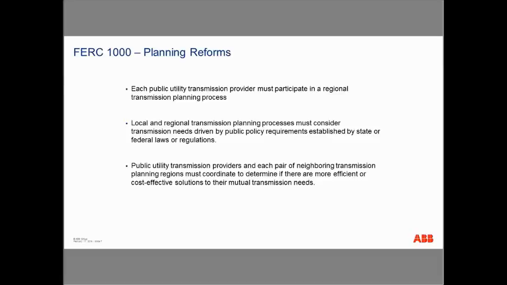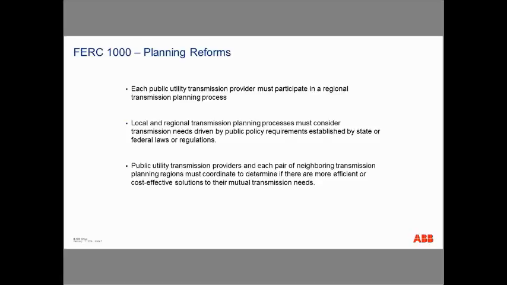Order 1000 also called for the planning processes to consider public policy requirements by states or federal laws or regulations. When you have things like the Clean Power Plan, which is kind of up in the air right now, but a federal mandate that will require generation to be built or shut down, you may have transmission needs associated with that.